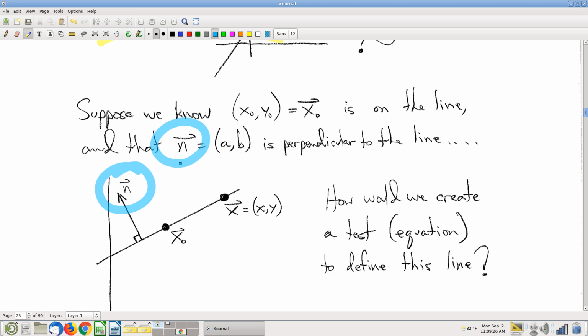Normal is a weird word that gets used in lots of different ways in math. I one time counted 6 completely disconnected meanings of the word normal in different contexts. If you've ever taken a stat class, you know about normal distribution. It's got nothing to do with this. Mathematicians are just not verbally creative, I guess.